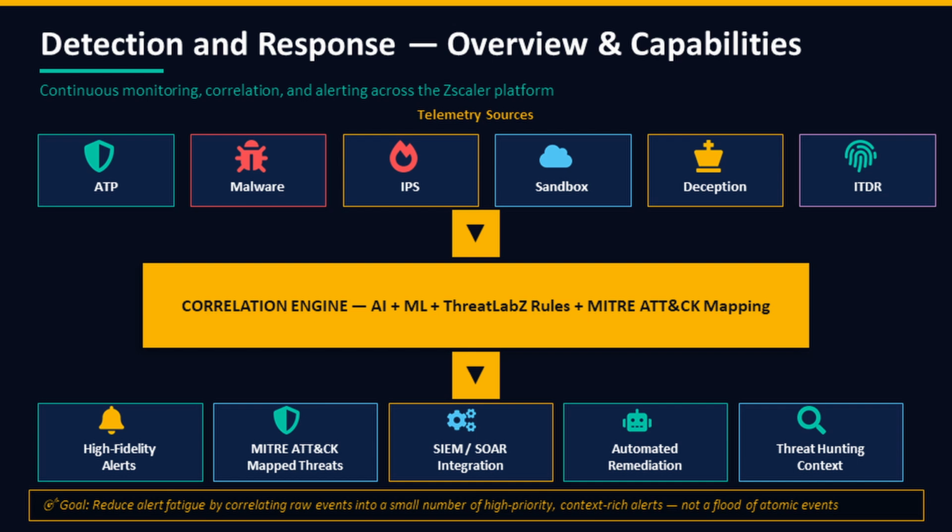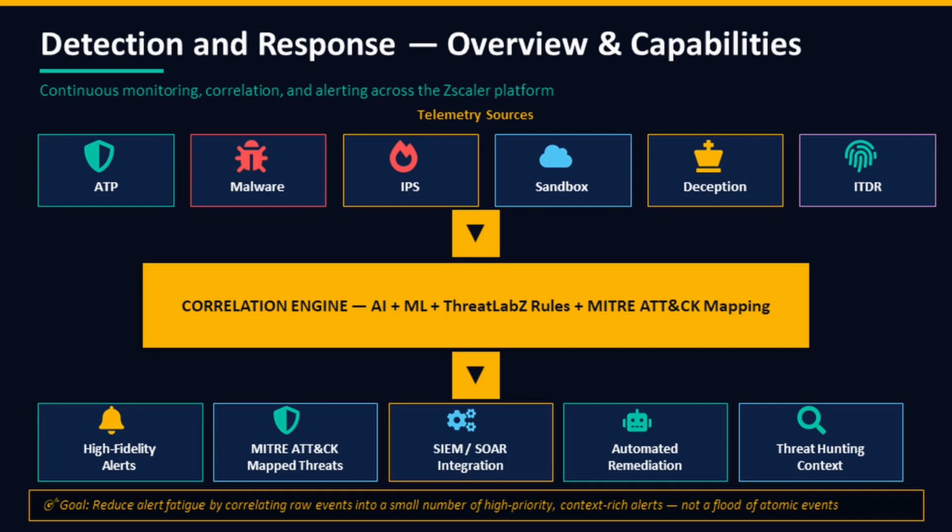Detection and response solves this by operating as a correlation engine that continuously ingests security logs from across the Zscaler platform. Web events, firewall events, DNS events, sandbox results, deception alerts, IDDR findings, and applies correlation rules, machine learning, and ThreatLabz threat intelligence to identify patterns indicative of real attacks.